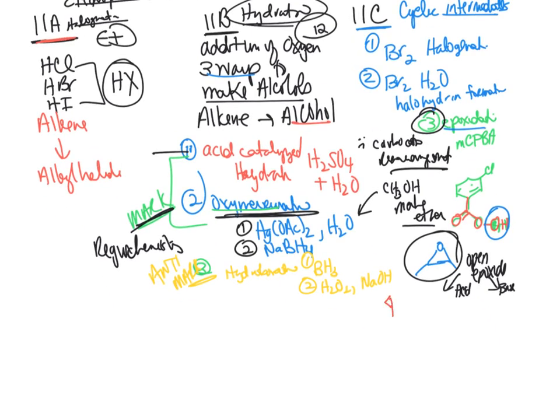And number 4 is we're going to do syn dihydroxylation reactions. You're going to see that the reagent for that is potassium permanganate, or you can use osmium tetroxide.